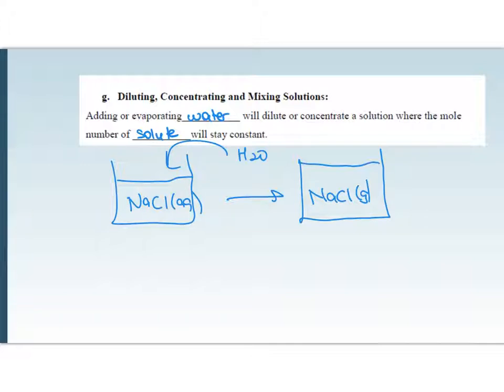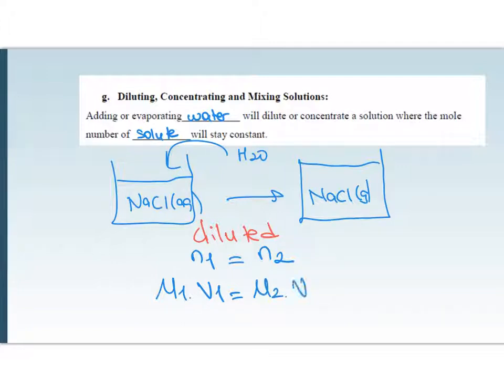So this means that you diluted the solution. When we dilute the solution, what kind of quantitative property does not change? Of course, it is the mole number of solute. So you can write an equality like this: mole number 1 is equal to mole number 2. So when you change the amount of water only, you can formalize it as molarity 1 times volume 1 is equal to molarity 2 times volume 2. If and only if the volume of water is changed, you can use this formula.